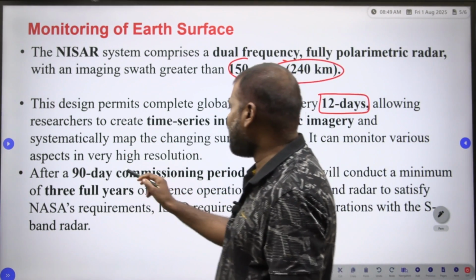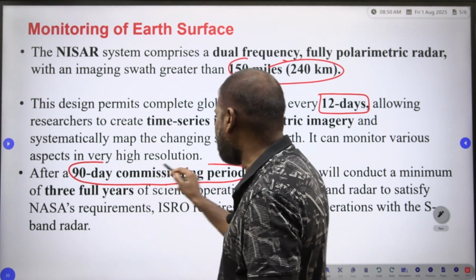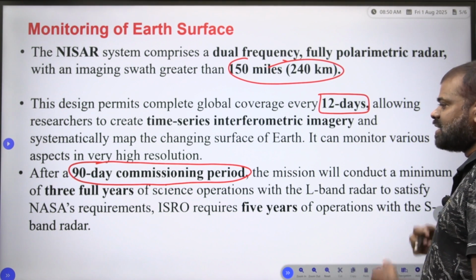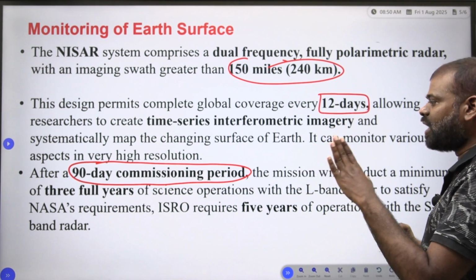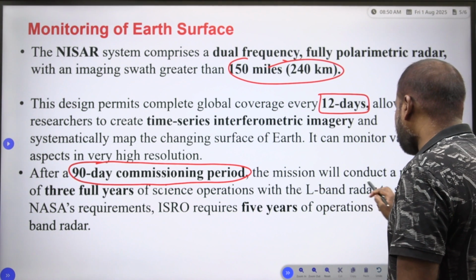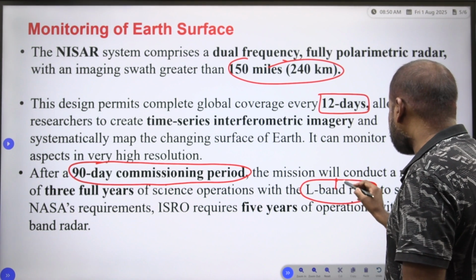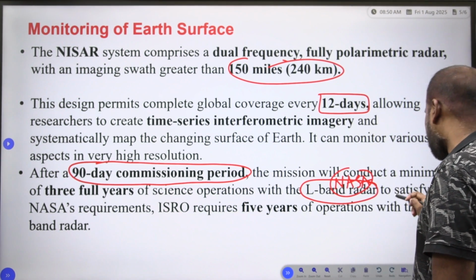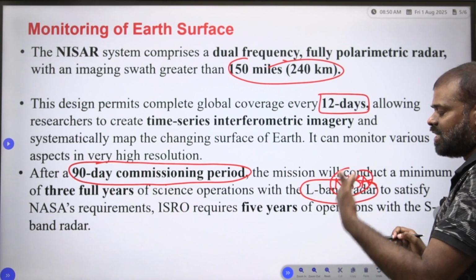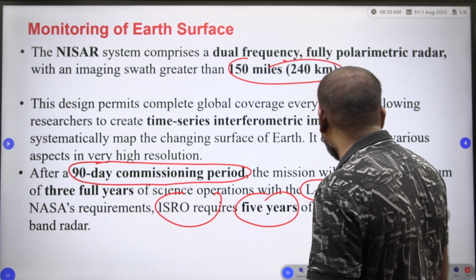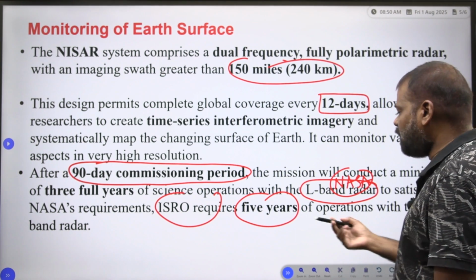Clear? After a 90-day commissioning period, the mission will conduct a minimum of 3 full years of science operations with the L band radar. NASA sent this L band radar to satisfy the NASA requirement, and ISRO requires 5 years of operation with the S band.